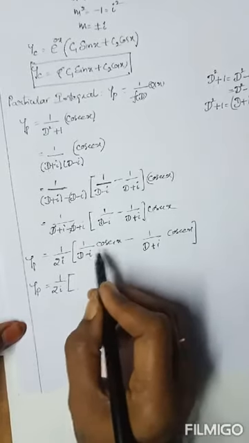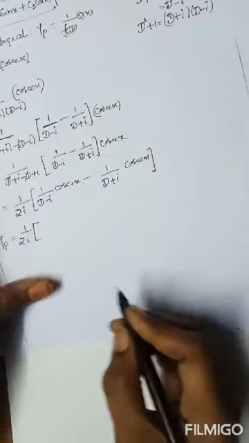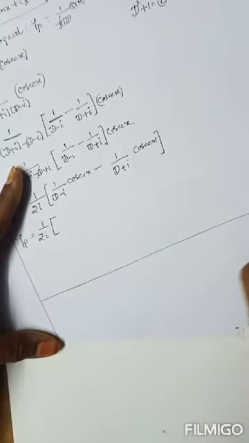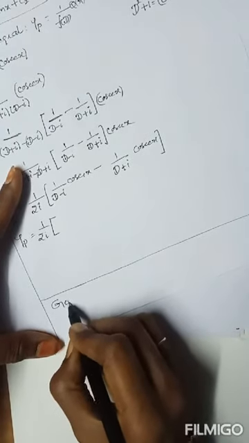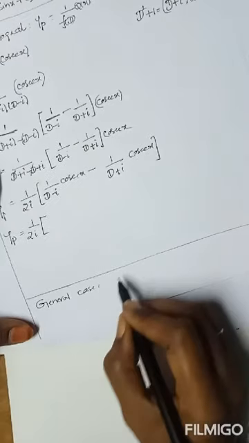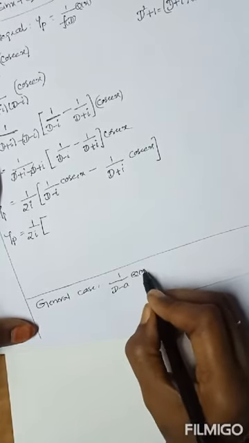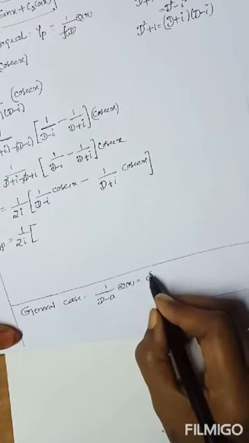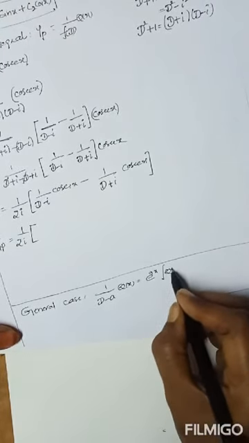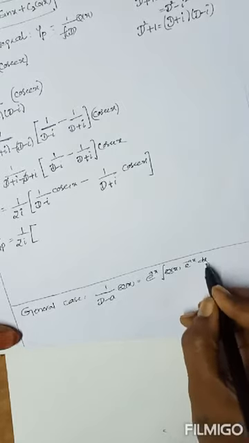Now the general case form is 1 by D minus a Q of x. Its value is e power ax integral of Q of x e power minus ax dx.